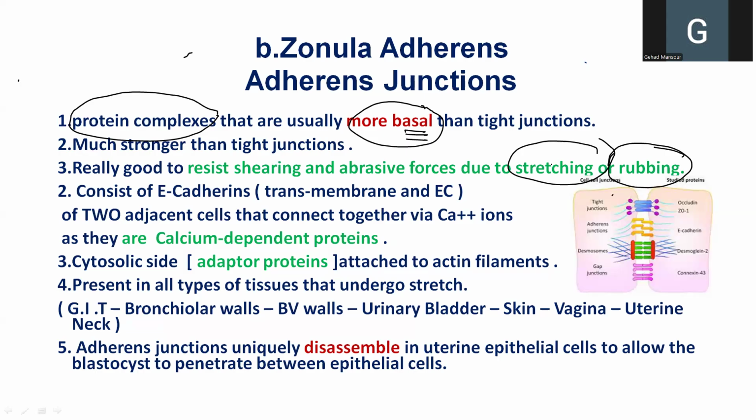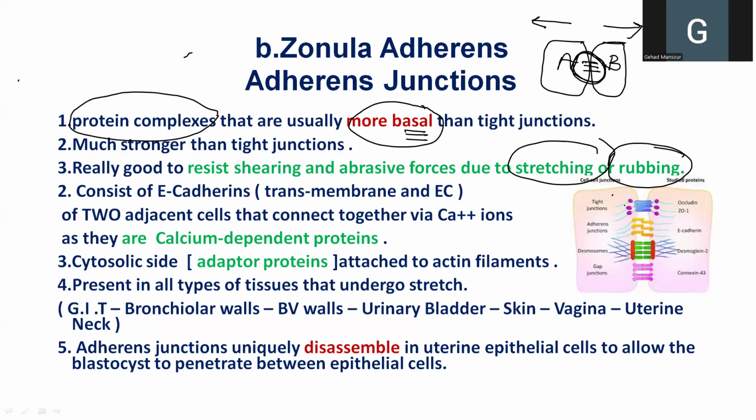Stretching is a good example because when you try to stretch out a tissue, you're trying to put the cells of that tissue further apart, and therefore you're trying to break down the physical connections between these cells. So when you have these adherens junctions in between cell A and cell B, if you're trying to stretch out like this and trying to space them out, the presence of that adherens junction will minimize that effect.